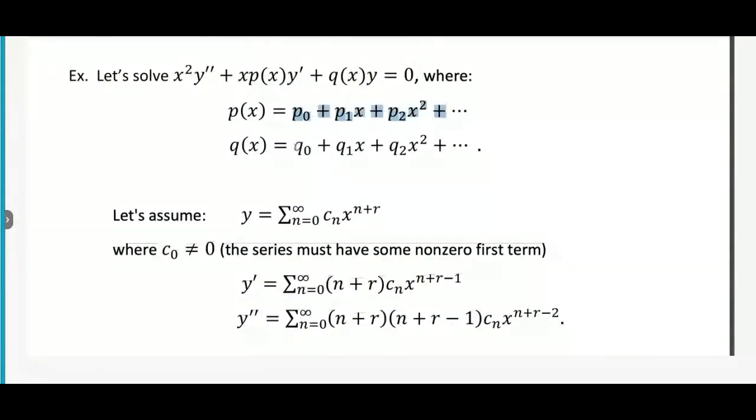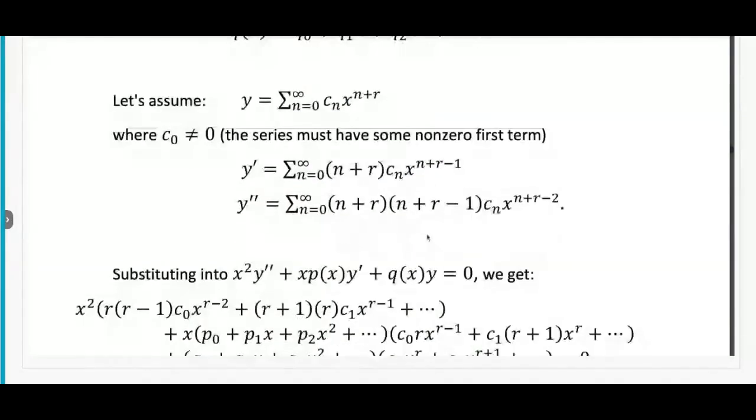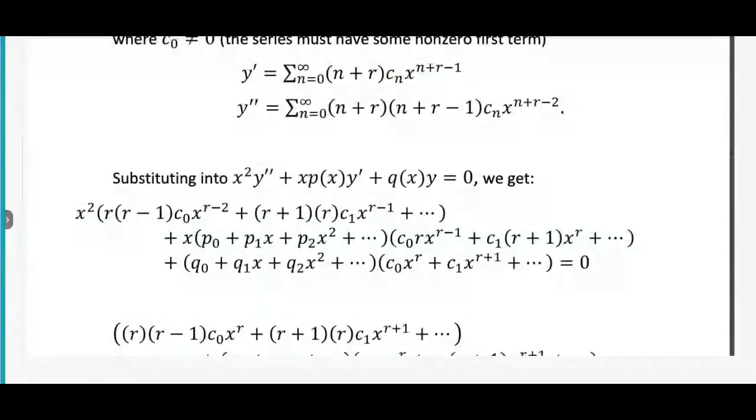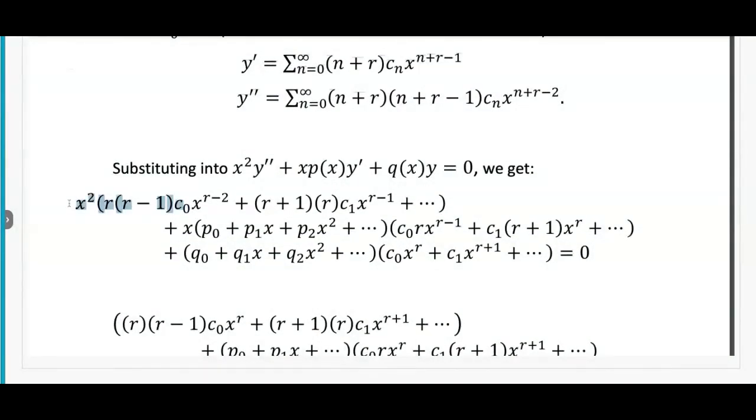Remember we have our p like this, q like this. So x squared times y double prime, written out as something like this, then x times p of x times y prime, which is written out like plus dot dot dot, a couple of terms, then q of x times y.